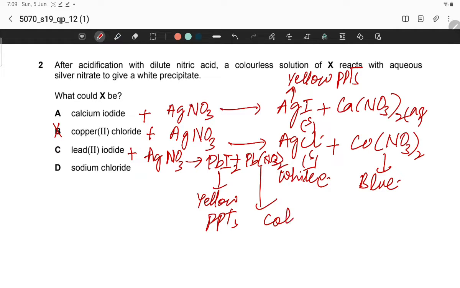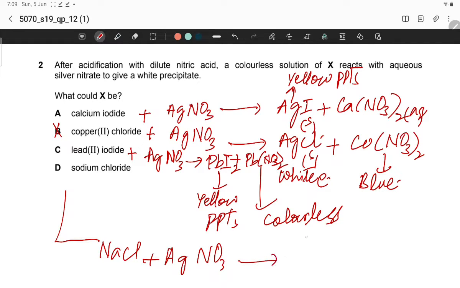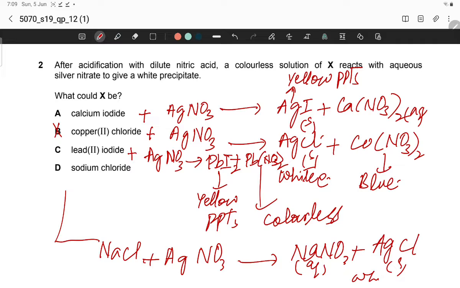And sodium chloride, NaCl plus silver nitrate forms NaNO3, a colorless solution, aqueous, and a white precipitate, solid. So this option is correct.